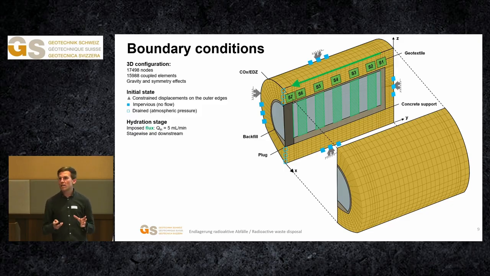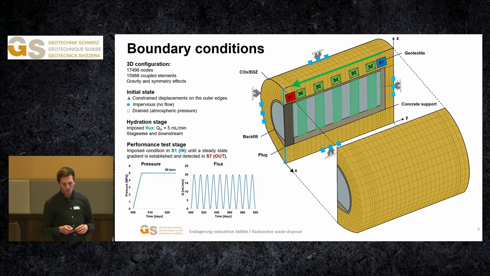The different phases are simulated by progressively updating the boundary conditions, and during the hydration phase, all the geotextile membranes are activated as water injectors with a maximum injected flux of 5 millimeters per minute. Then during the performance test stage, there is a specific condition that is imposed at the upstream membrane S1 until a steady state gradient is established through the backfill and detected at the downstream membrane S7.